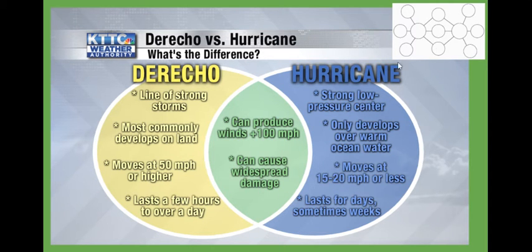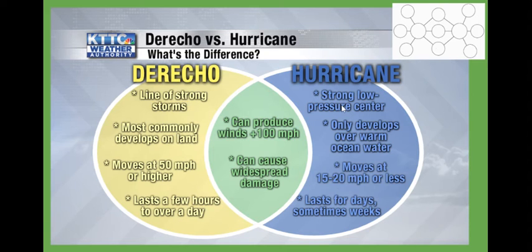Here we see what we call a Venn diagram, but at Muskegon Public Schools, we use a double bubble. So the things in the middle are alike. Here we have a derecho, which is a line of strong storms, most commonly developed on land, that moves at 50 miles per hour or higher and lasts a few hours to over a day.